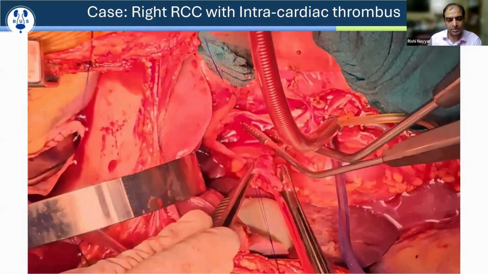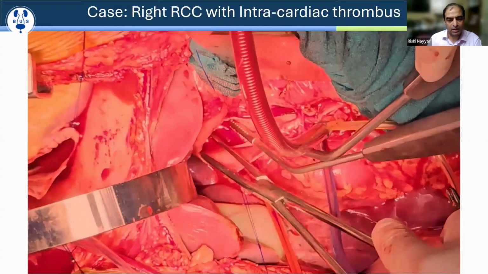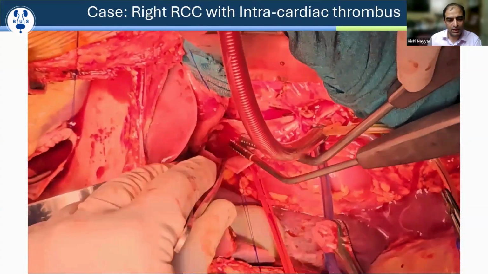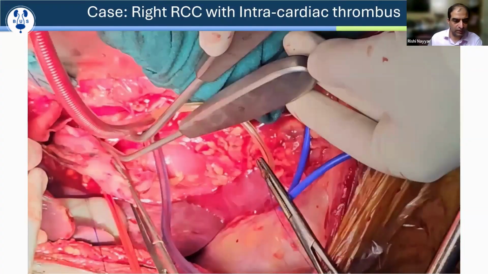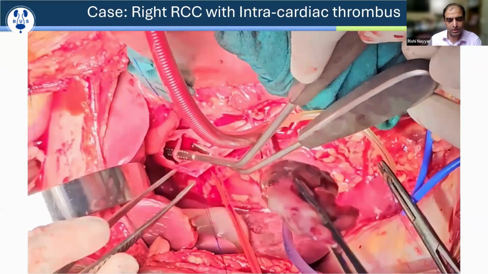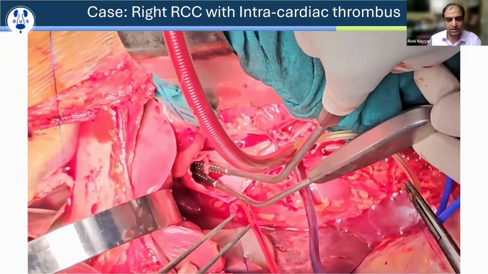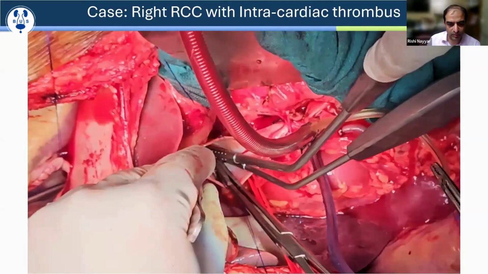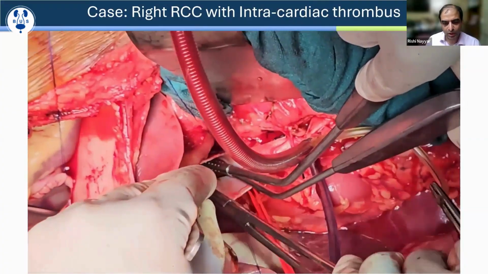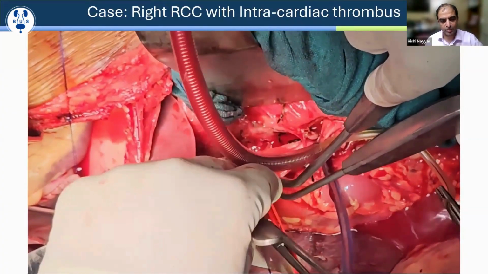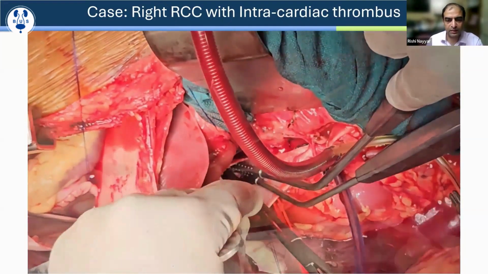So this is generally a piecemeal removal, but one can put fingers from above and from below, and even Foley's catheters can be placed from below with a distended balloon to pull out the entire thrombus, like we do with a Fogarty catheter.